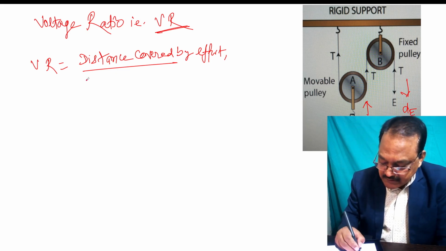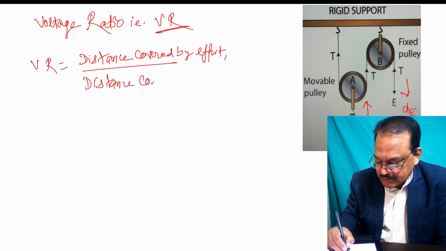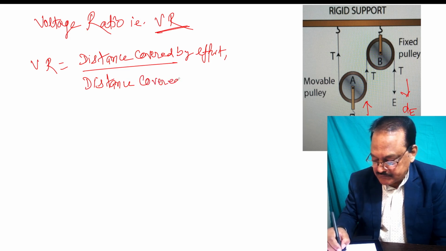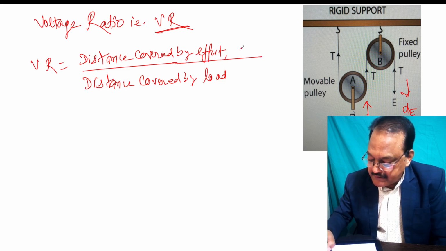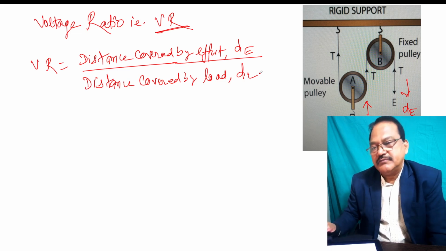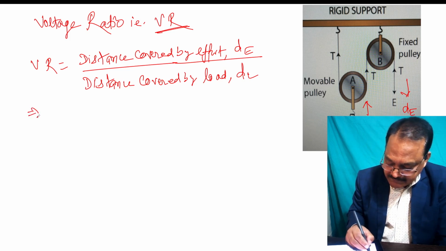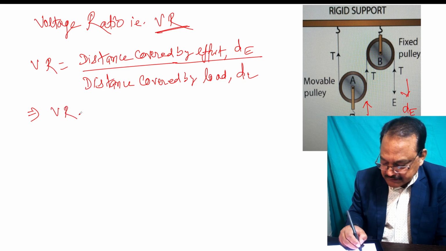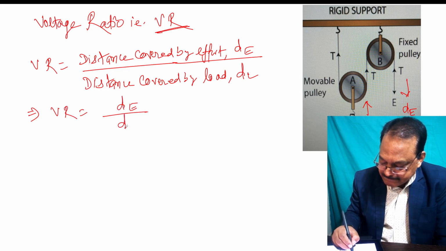So we can write distance covered by load, in short dl. It means velocity ratio VR equals dE by dl.